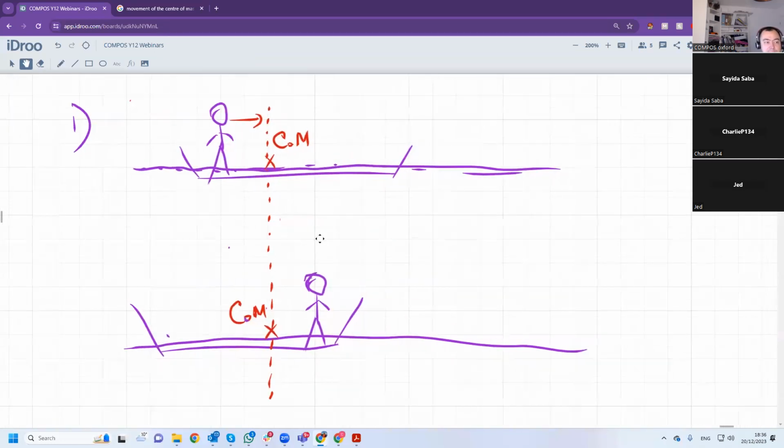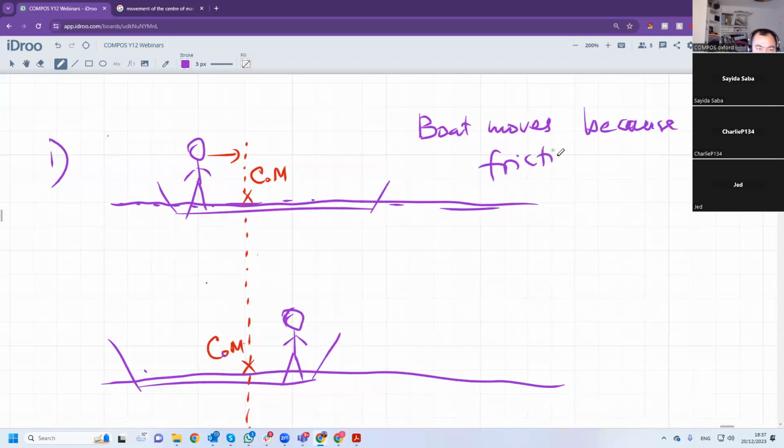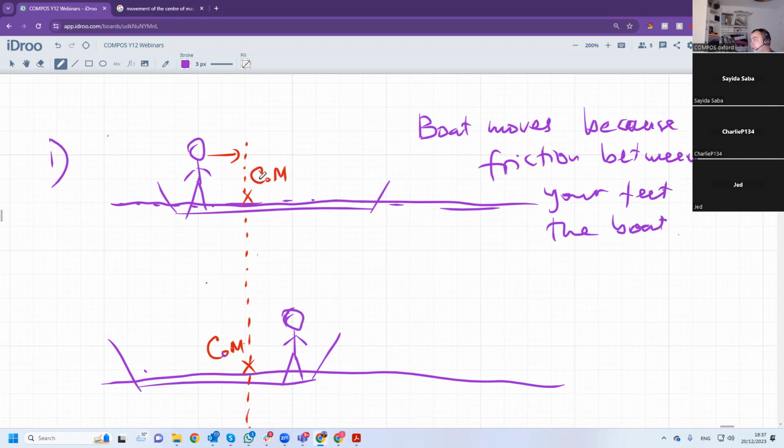The boat moves because of the friction between your feet and the boat, and you move because of the friction.